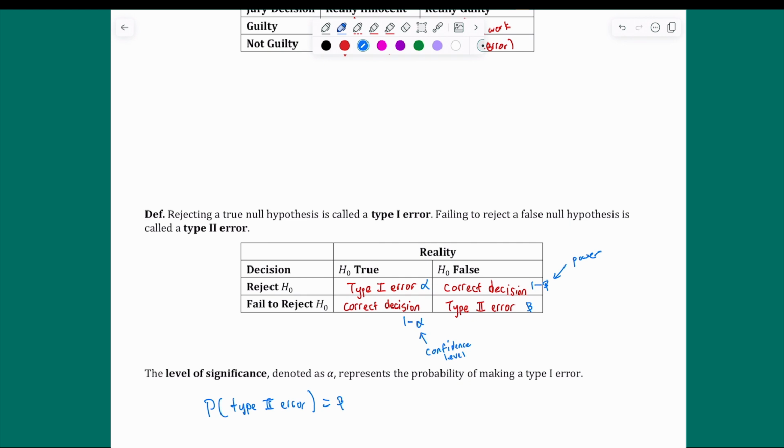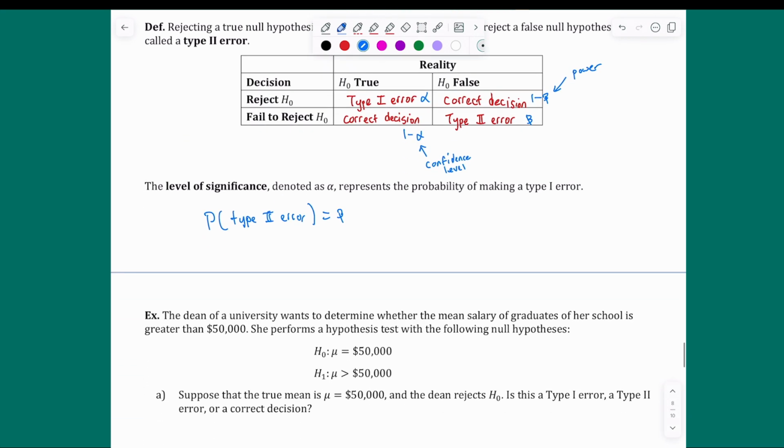But unfortunately, typically as you try to decrease a type 1 error, alpha, you get an increase in a type 2 error, beta, and vice versa. So when you're setting your significance level to run a hypothesis test, it's helpful to take note and think about the ramifications of making a type 1 error and a type 2 error. Let's go ahead and try this exercise here.